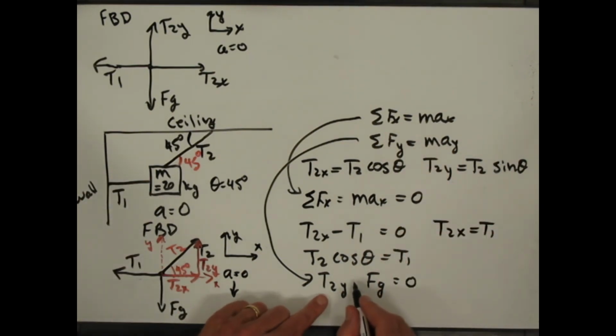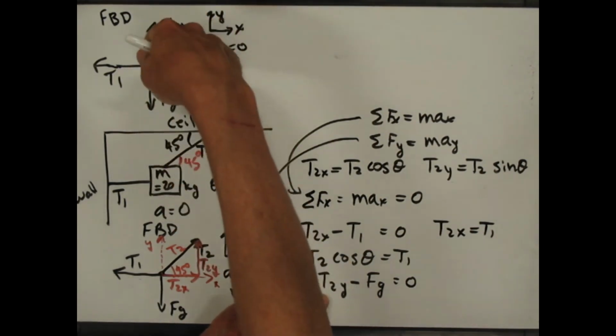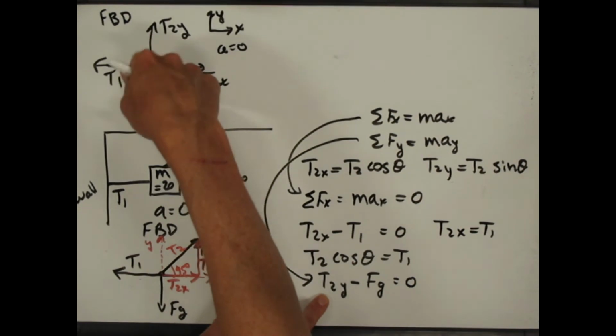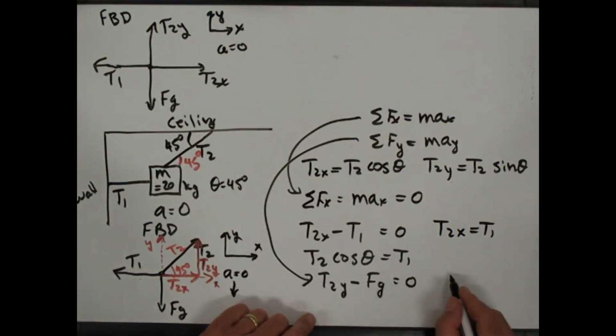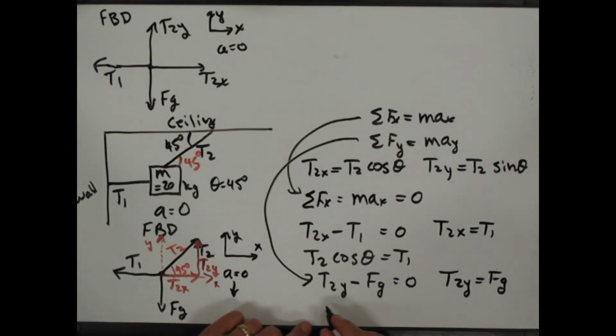T2y is positive, it points up. The force of gravity points in a downward direction. And so what I get is T2y equals the force of gravity, or T2 sine theta is equal to mass times gravity.